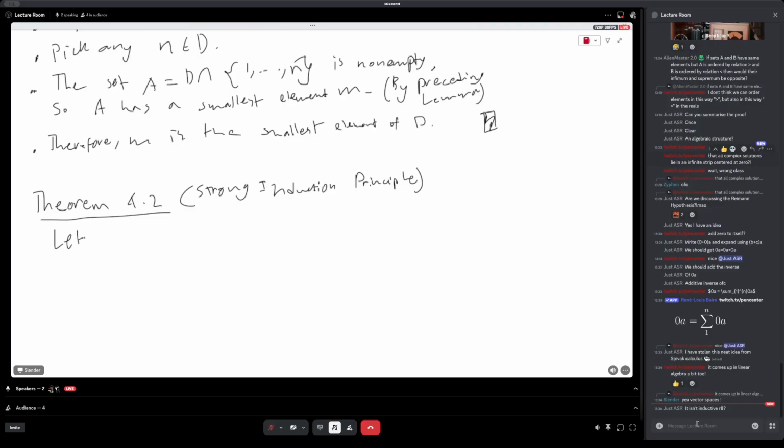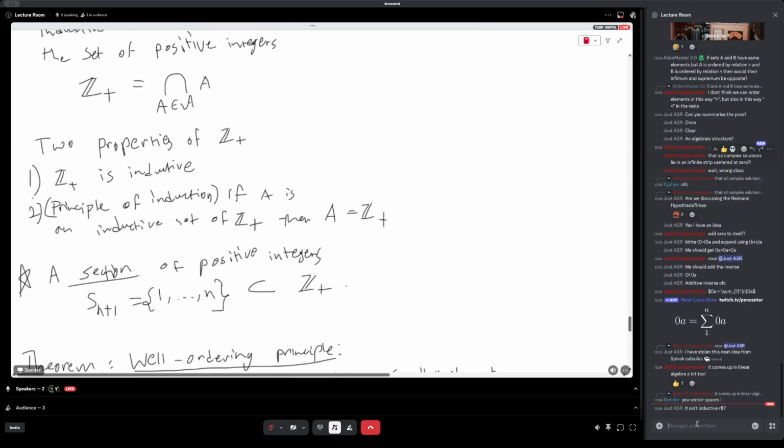This states that let A be a set of positive integers. Suppose for each positive integer n, if the section Sn, remember what's the section.